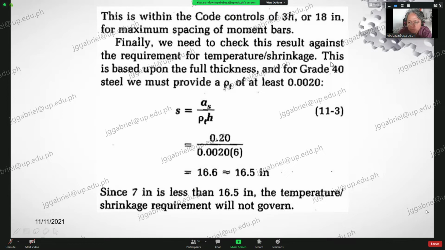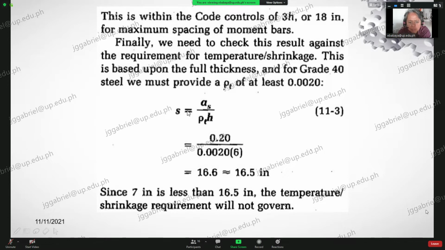Okay? So, you will notice yung grade 40, yung reinforcement ratio is greater because you have less strength, no, compared dun sa grade 60. Kasi yung grade 40, yung fy niya is 40 ksi. Pag grade 60 is 60 ksi. So yung reinforcement ratio for this is equal to 0.0020.